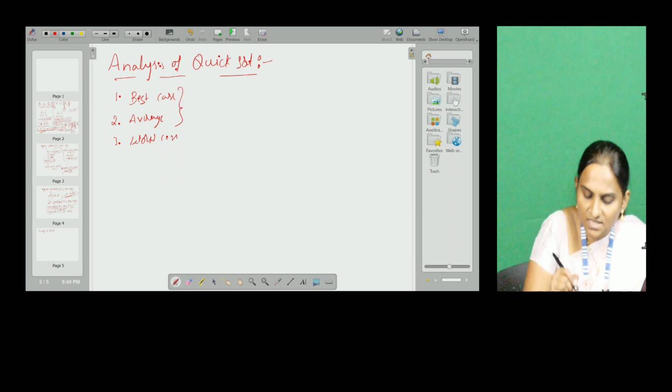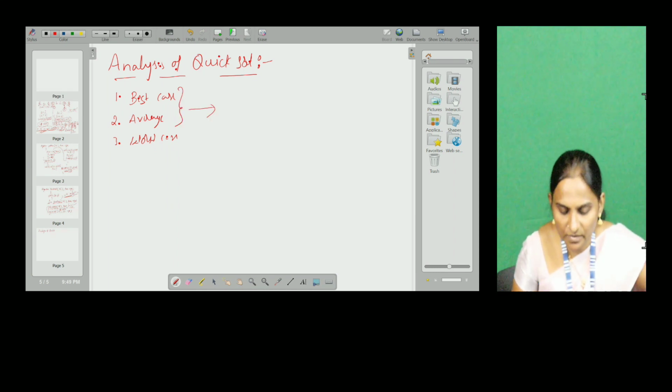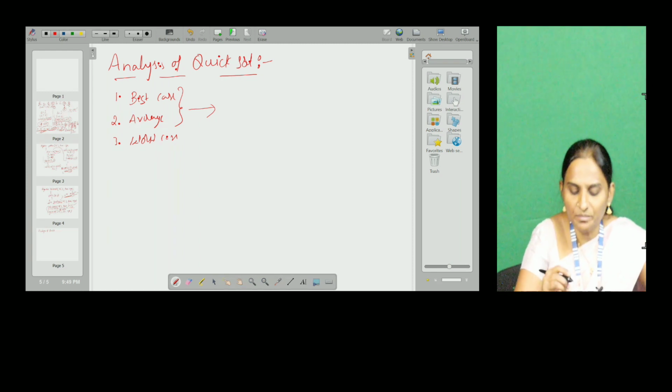So for the best case and average case, what is the time complexity of QuickSort? When will the best case and average case occur?